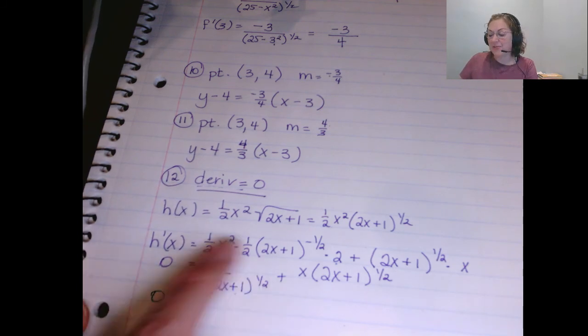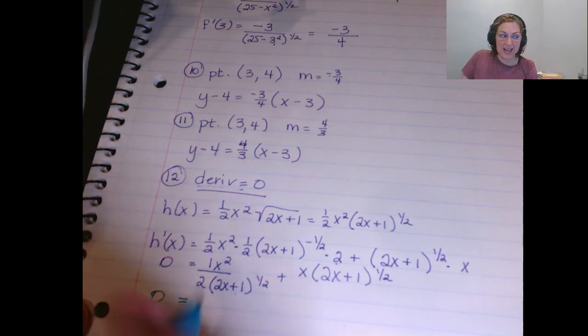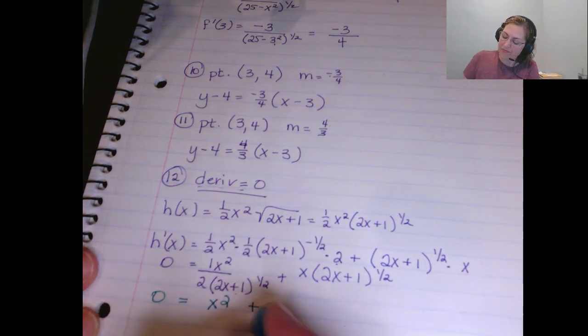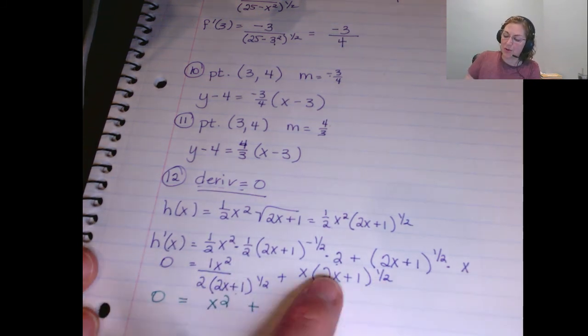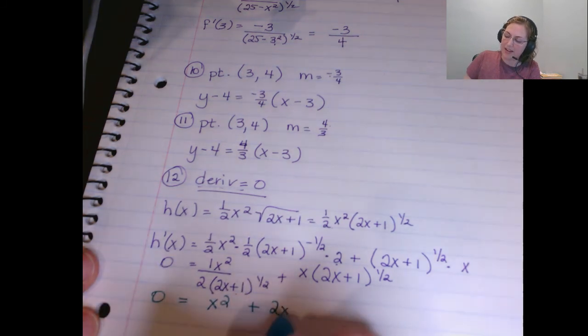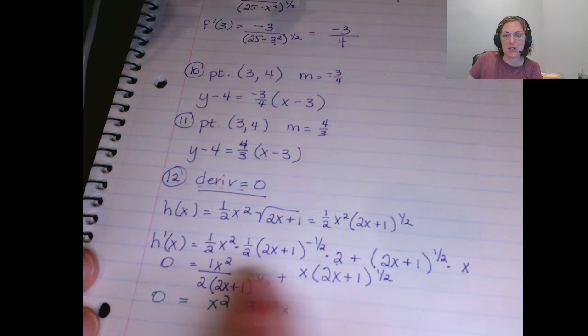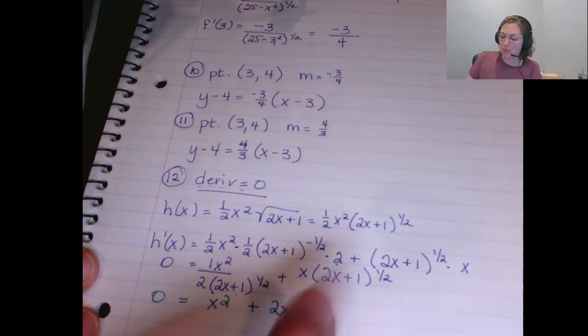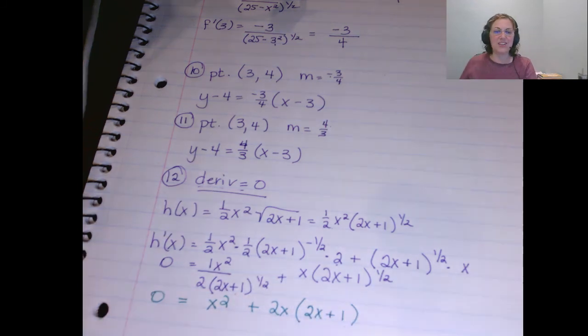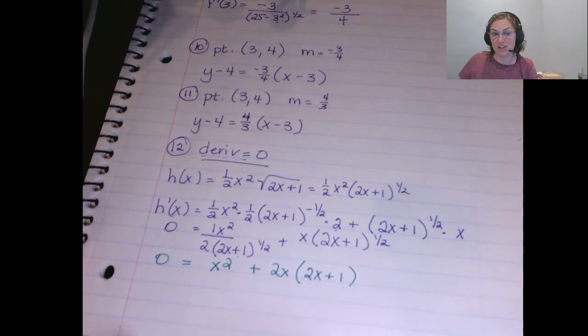If I multiply this fraction by this denominator, I get x squared. If I multiply this term by this denominator, I get 2x. And then look, I've got 2x plus 1 to the 1/2 times 2x plus 1 to the 1/2. That's just 2x plus 1. Look at how much nicer that looks than it did before.